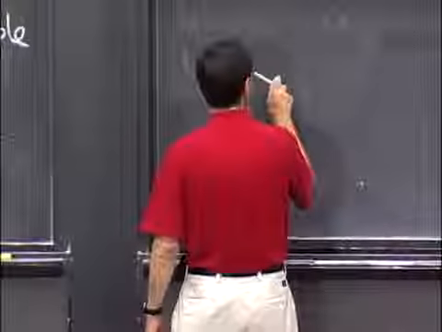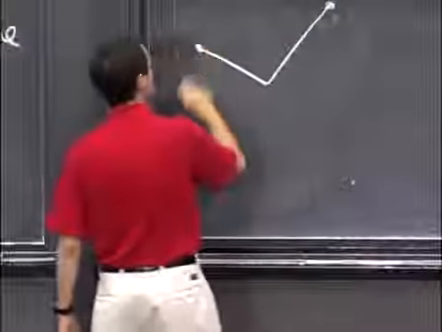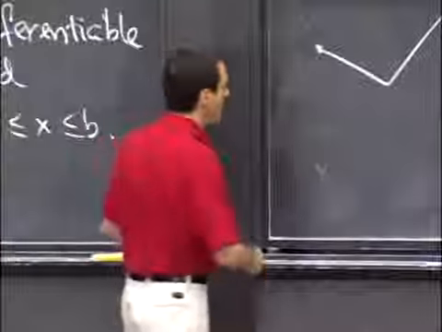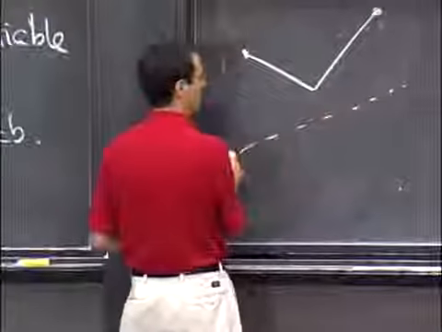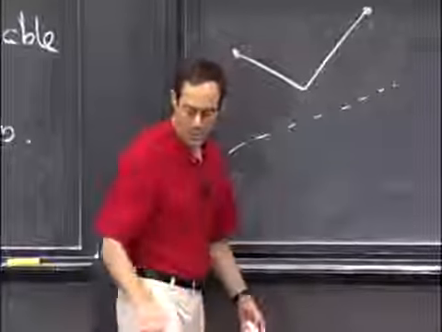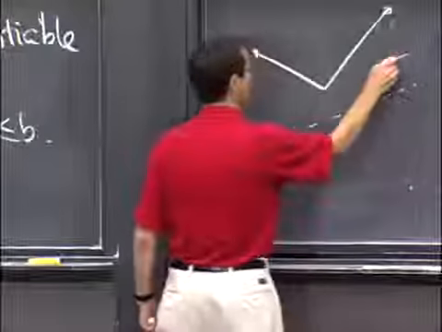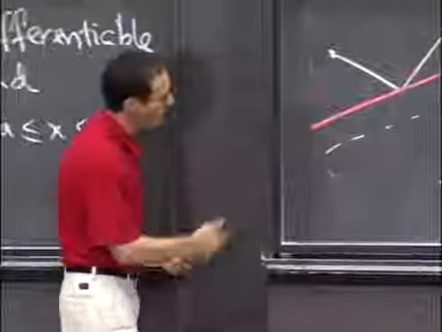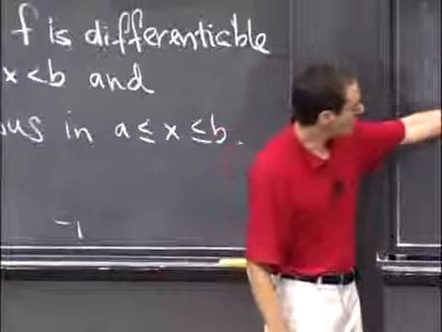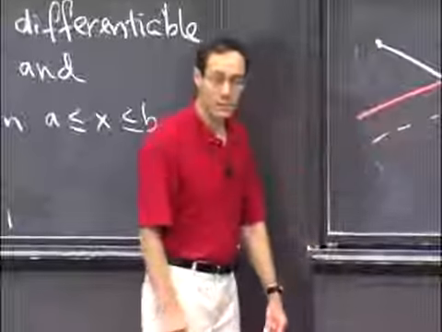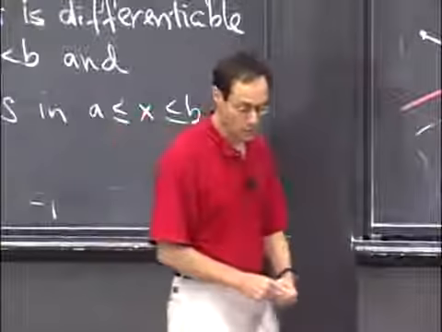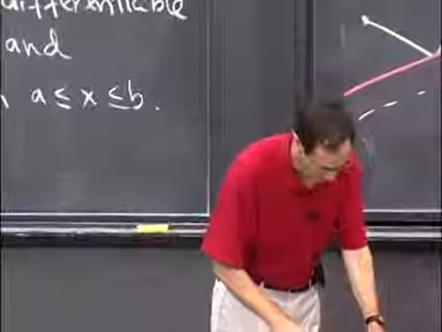So the example is the following. I'll just take a function which is two straight lines like this. And if you try to perform this trick with these things, then it's going to come up and it's going to touch here. But the problem is that the tangent line is not defined here. There are lots of tangents, and there's no derivative at this point. So the derivative doesn't exist here. All right?